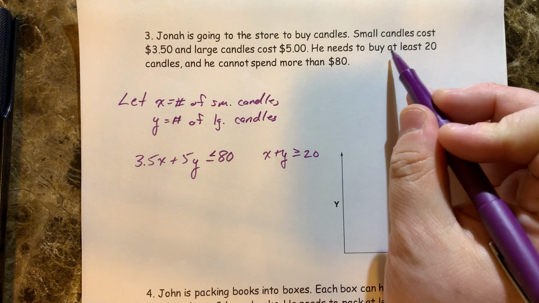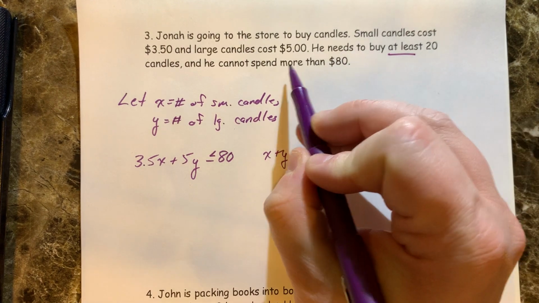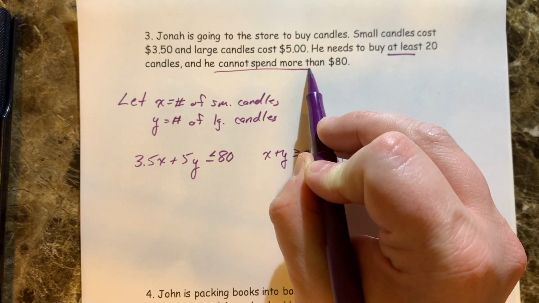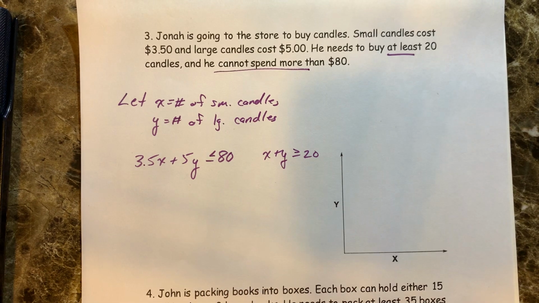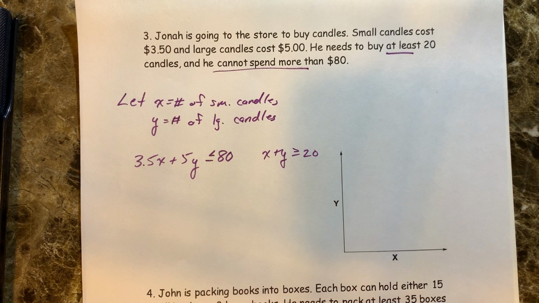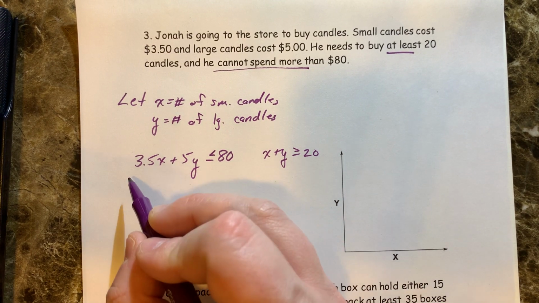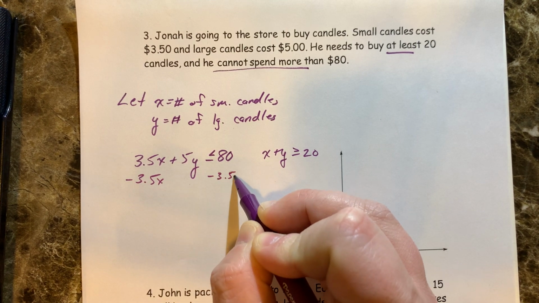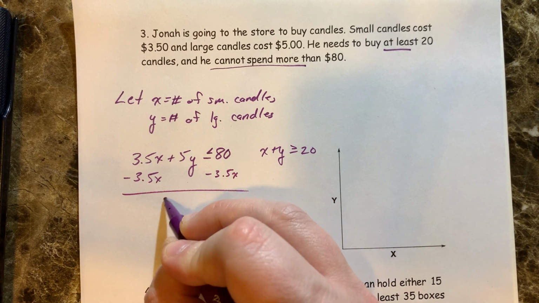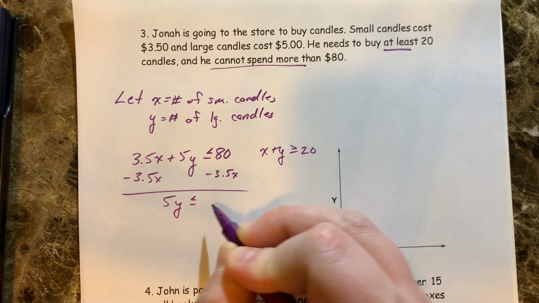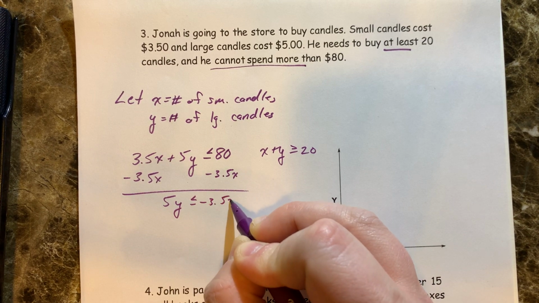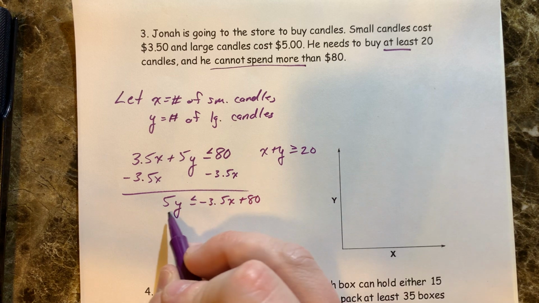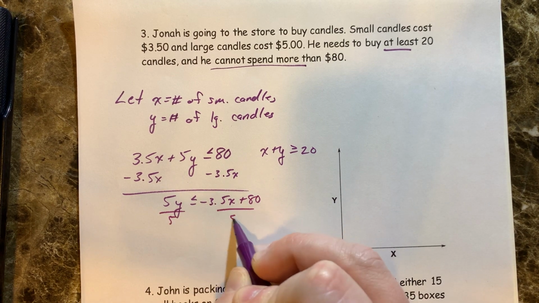And now you know that because of the phrases at least with the 20 and cannot spend more than, or no more than, 80. So if I rearrange these a little bit, first one's more of the hassle because I have to subtract 3.5x from both sides. That's going to give me 5y is less than or equal to negative 3.5x plus 80, and then divide both sides by 5.